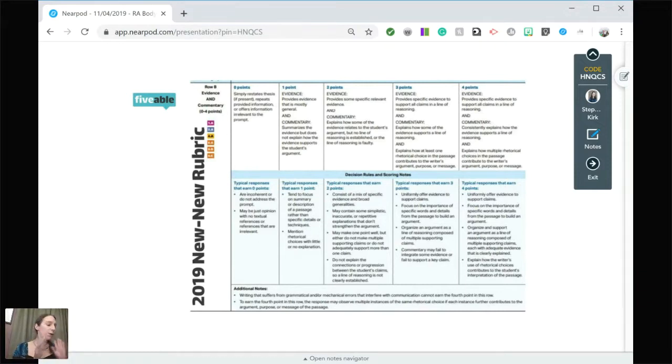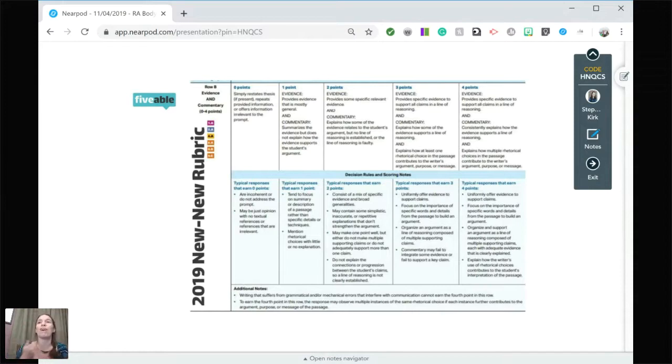And the purpose of this, now, this screenshot is not the one-page rubric, okay? So you can access two different types, but this one is the one that I wanted you to have because notice it has the decision rules and the scoring notes on it. And I think that is tremendously important, okay? Now, if you're like me, you're like, the rubric goes to 4, I'm gonna get a 4, right?